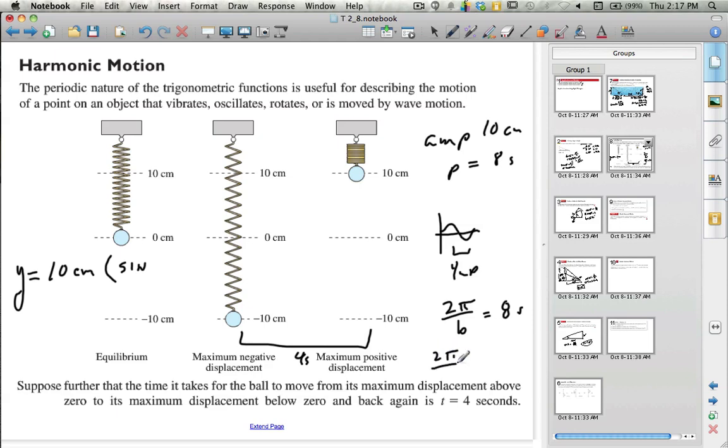So 2 pi divided by 8 seconds would be equal to b. So b would be pi over 4, right? So pi over 4x. This would be the function that would do that.